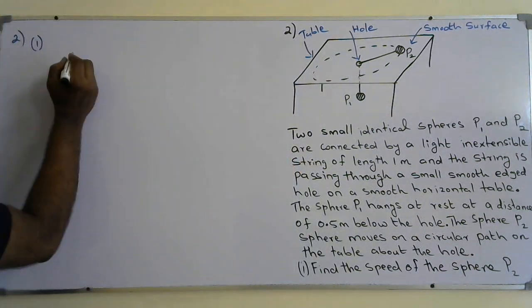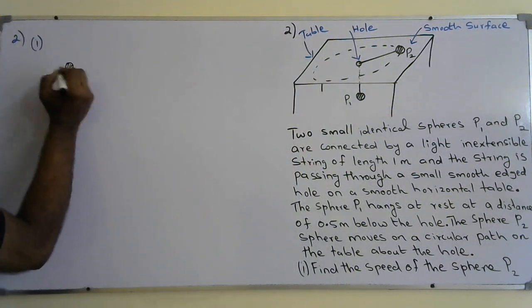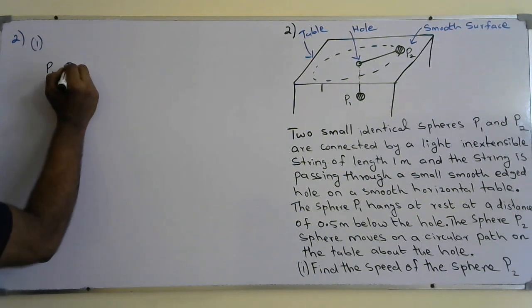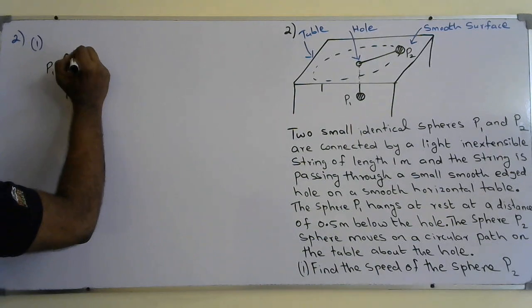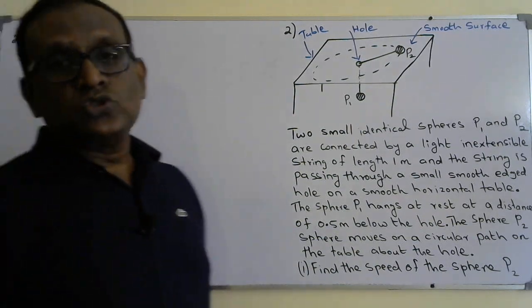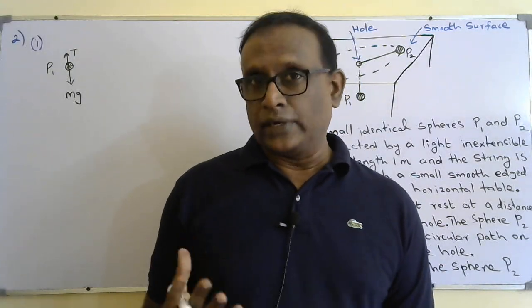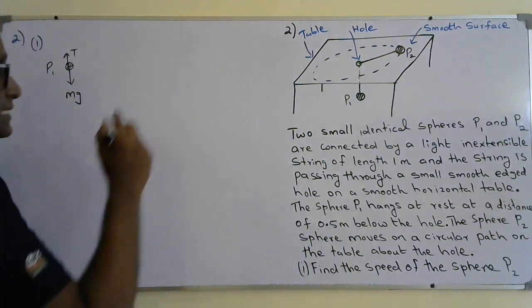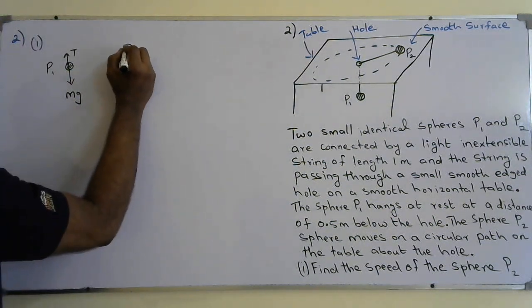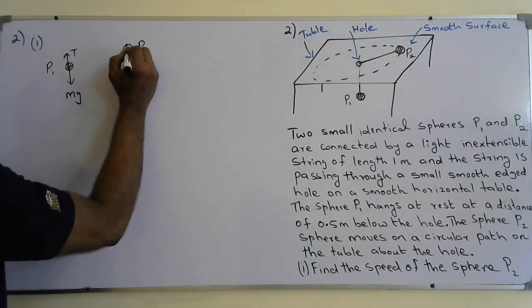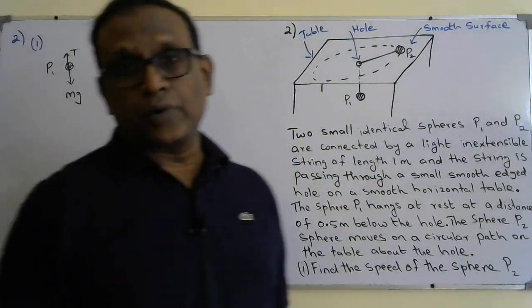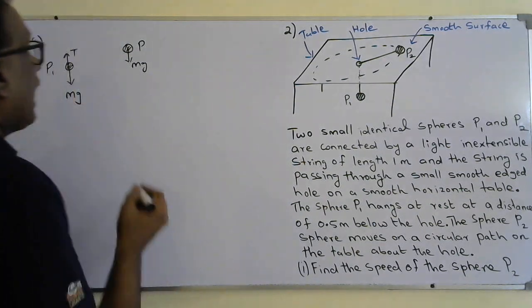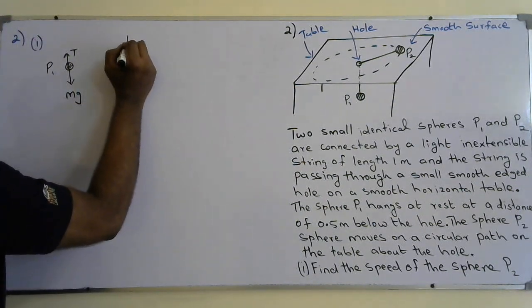If I think about P1, it has two forces acting on it: weight acting downwards and tension acting upwards. Those are the two forces acting on the sphere P1. The second sphere P2 has weight downwards, identical sphere so same weight or same mass, and there will be a normal reaction from the table.